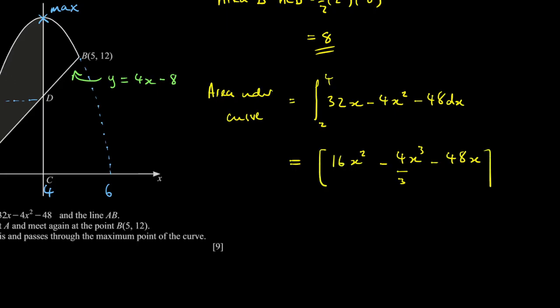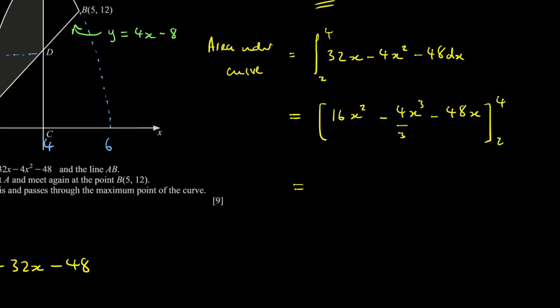Okay, so now what I'm going to do is I'm going to substitute in the boundaries of 2 and 4. And if I do that, I'm going to get a bit of a mess, aren't I? But never mind. I'm going to substitute in the upper boundary, which is 4. So 4 squared is 16. Times 16 is 256.